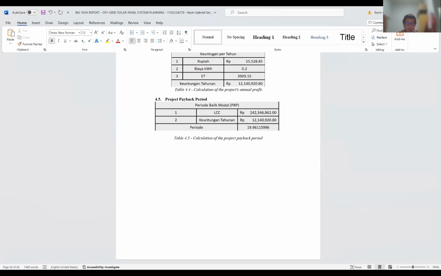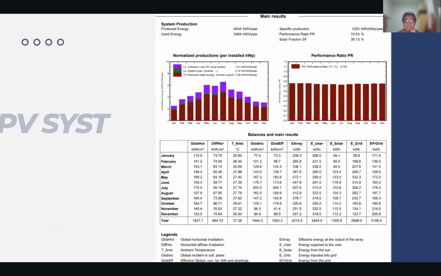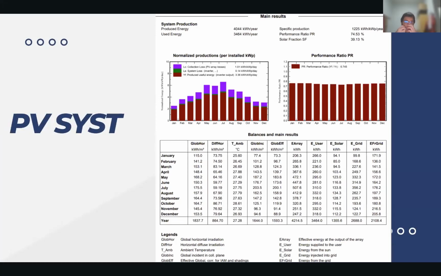After we know all of it, we put it in the PVsyst. To know more, we already know the data we have, so we put it in the PVsyst, with January, February until December. This is why we need a year, not just a month, because in PVsyst, we need a year to know the amount of energy that we use.